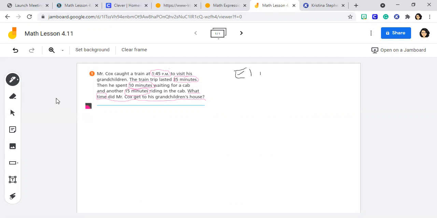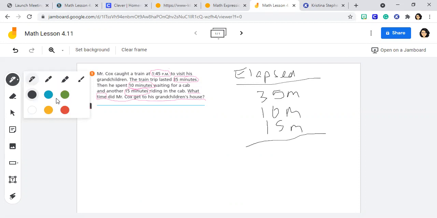So my elapsed time was 35 minutes, 10 minutes, and 15 minutes. So how many minutes total is that? Well, 5 plus 0 plus 5 is 10.